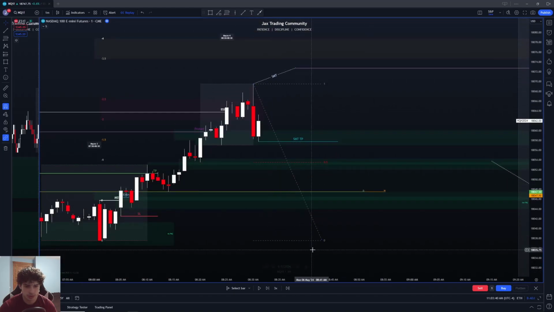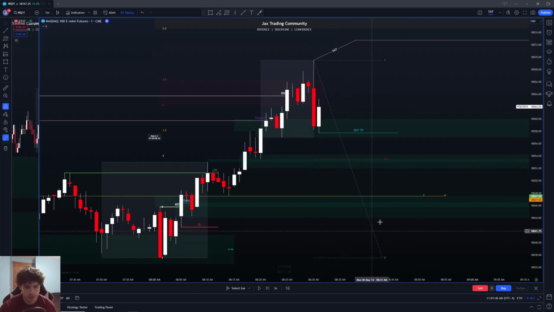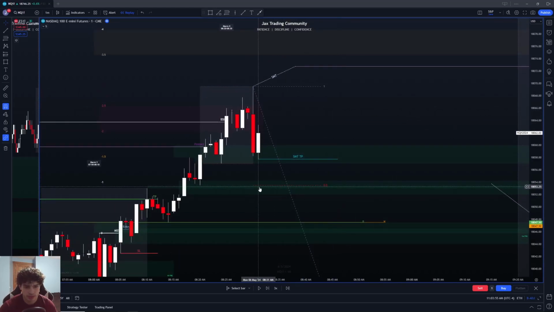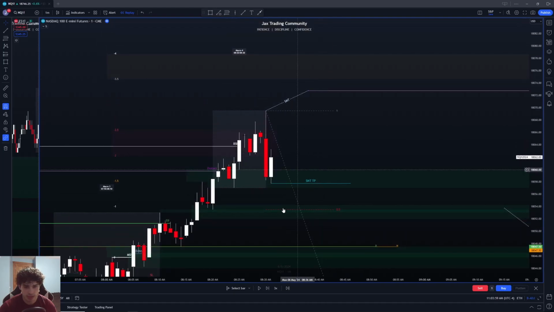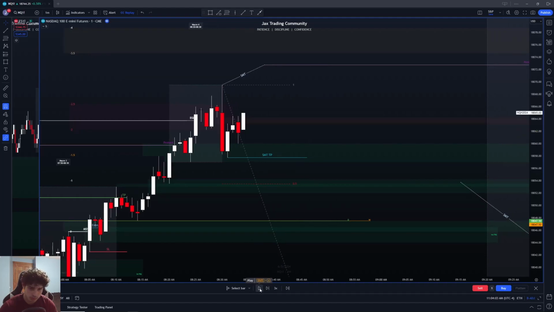So here is discount marked. Usually I do like to look for discount because you're a little bit more in a discount, which helps for buying. So you'll be able to buy at a lower price or at more of a discounted price, so then you can get an even higher move up, right? So let's see what happens here.